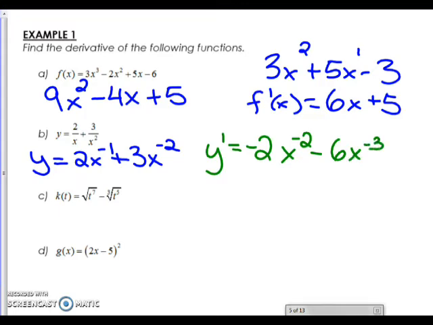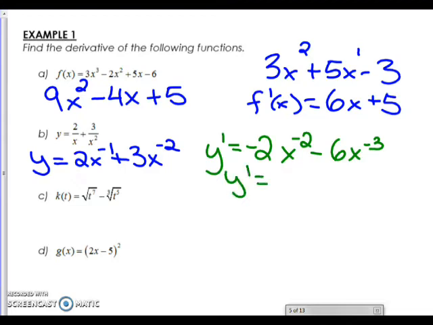You probably won't get an easy one like this on the AP exam. But is that the only way I could write that answer? No. In fact, if this was a multiple choice and you looked at the answer choices and that's not a choice, another way you can rewrite it is by getting rid of those negative exponents and rewriting it as a fraction again.